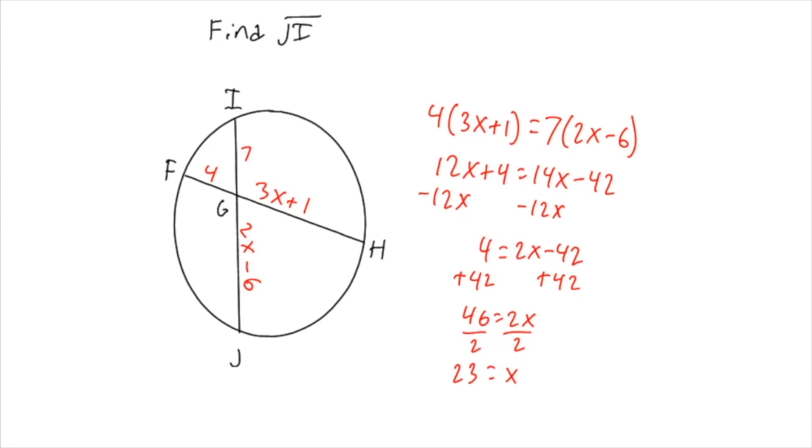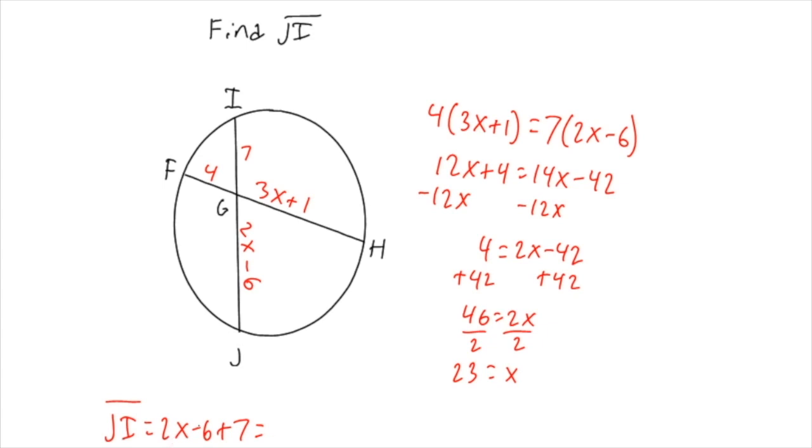So now that you know x is 23, JI is JG plus GI. So JI is going to be 2x minus 6 plus 7.